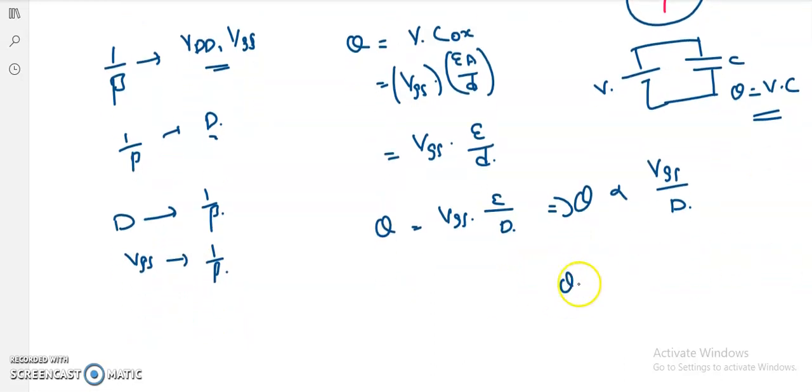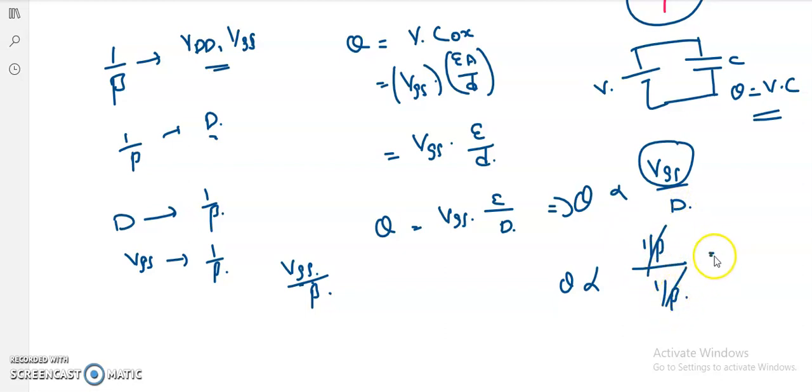So now Q is equal to, in the place of VGS, I substitute 1 by beta, and in the place of D also I substitute 1 by beta. After scaling, VGS is scaled by 1 by beta, and the thickness is also scaled by 1 divided by beta.